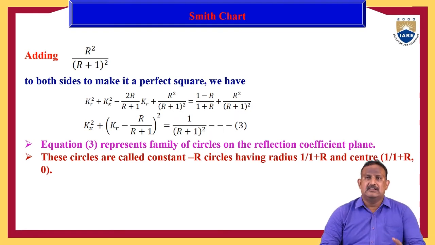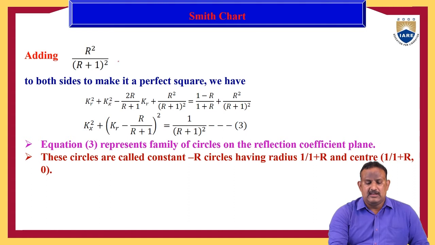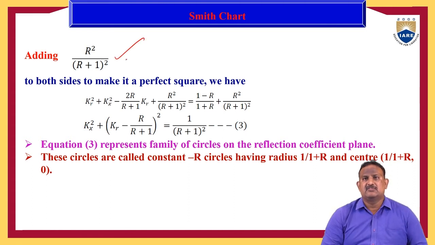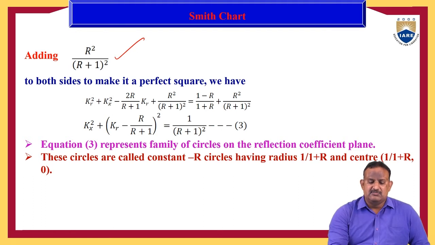To make the equation into a full circle, we need to add R square by (R plus 1) whole square on both sides of the equation. Then the left side becomes a perfect square: Kr square plus Kx square minus 2R by (R plus 1) into Kr plus R square by (R plus 1) whole square equals (1 minus R) by (1 plus R) plus R square by (R plus 1) square.